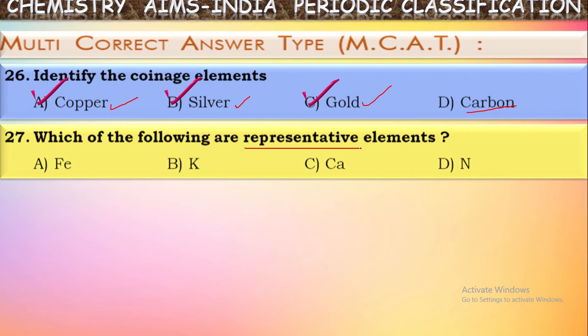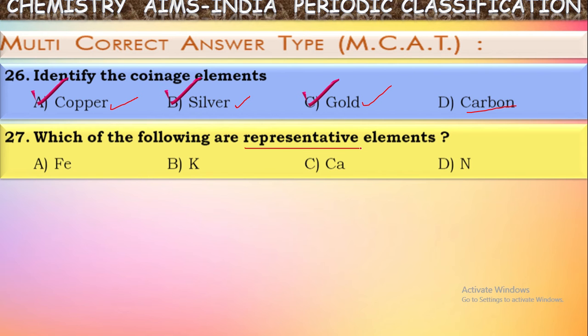S block elements and P block elements except noble gases, meaning alkali metals and alkaline earth metals at the left side, and at the extreme right side except noble gases, the remaining 5 columns in the P block. These are all considered together as representative elements. Now the elements from S block and P block, whatever are there, will come under these representative elements.